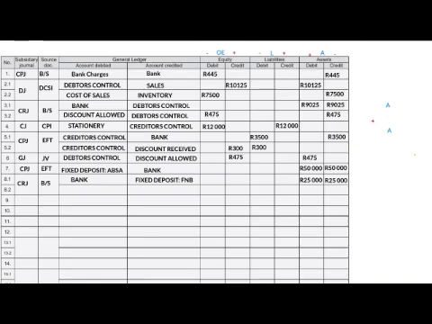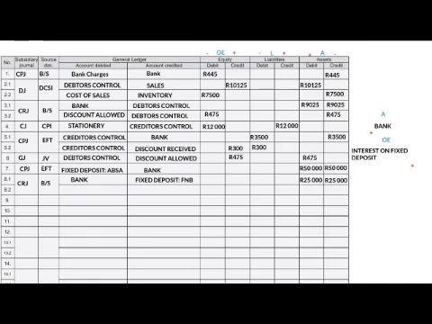The second part of this transaction is now the interest on fixed deposit that we need to calculate. The 2 ledger accounts will be bank and interest on fixed deposit. Bank is an asset. Interest on fixed deposit is an owner's equity. Bank will have a positive effect, and our interest on fixed deposit will also have a positive effect on owner's equity.